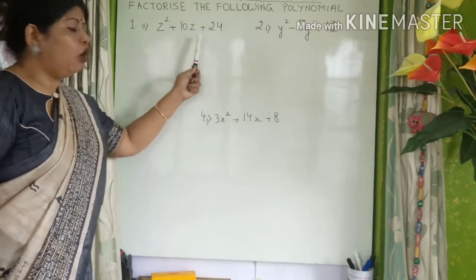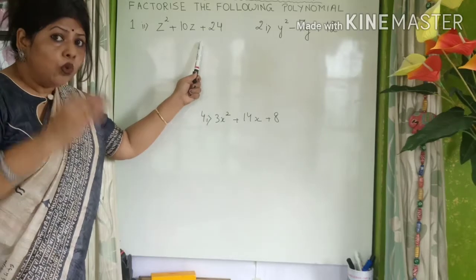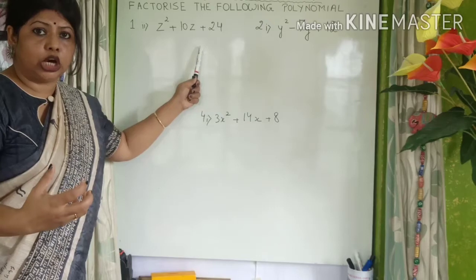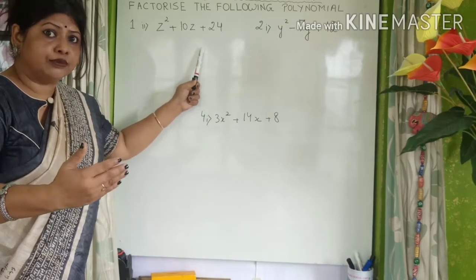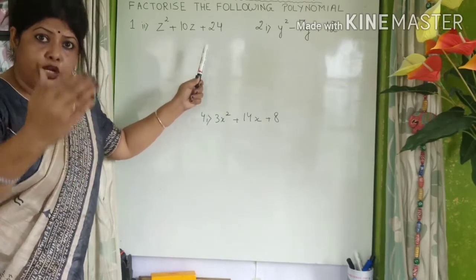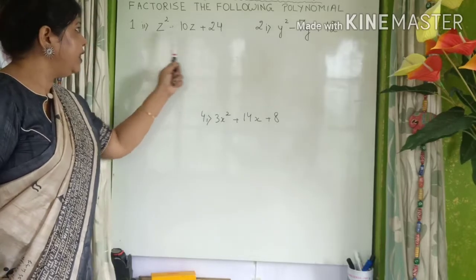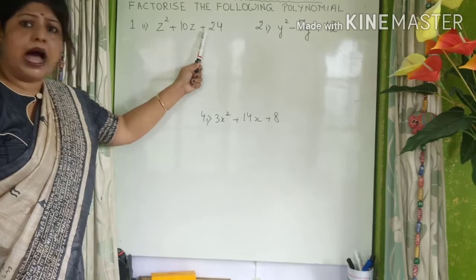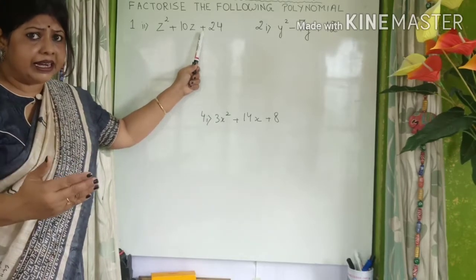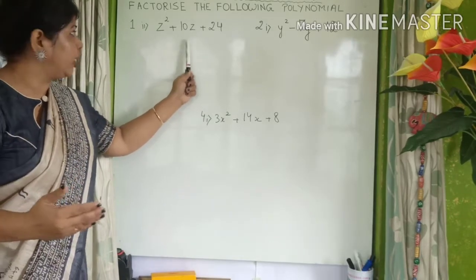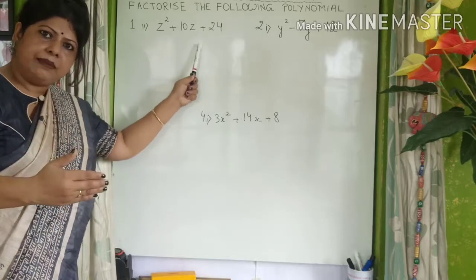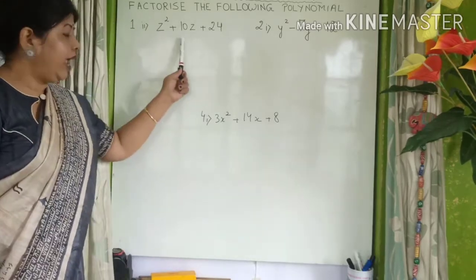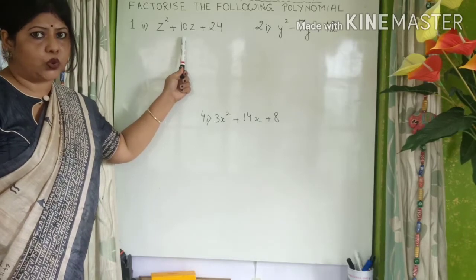Second, only 3 terms are here, so I cannot group them into 2 and take out the common terms like we have done in the sums of exercise 11.2. Next, here I cannot apply an identity like a plus b whole square, I cannot break it into that. Neither a minus b whole square, and neither is it in the format of a square minus b square.